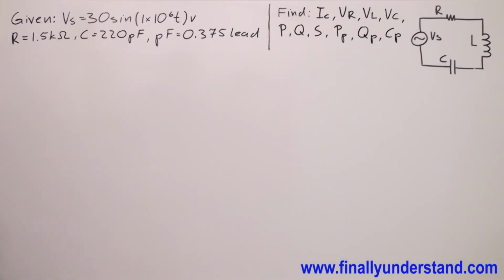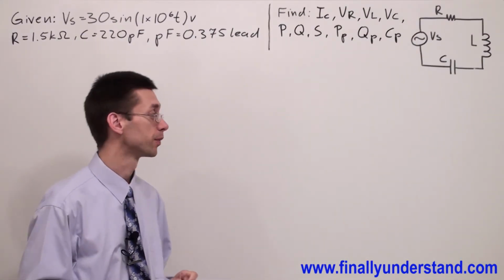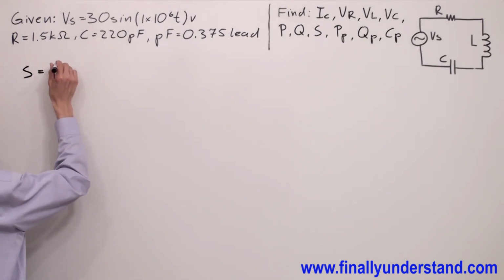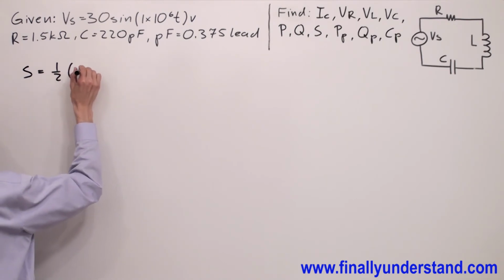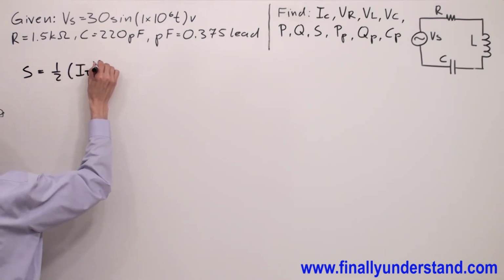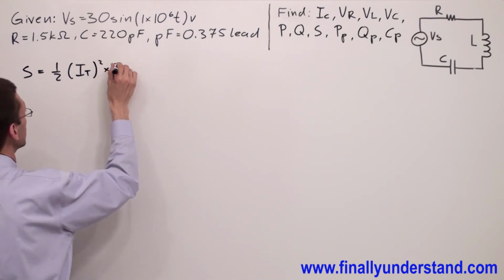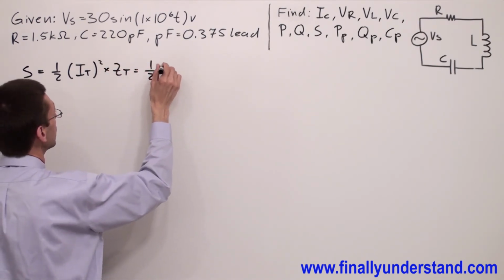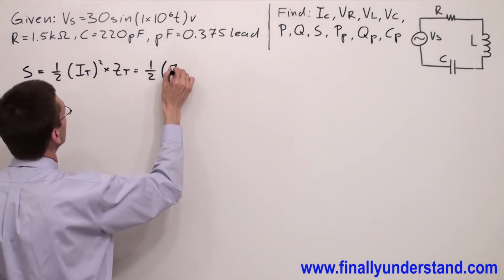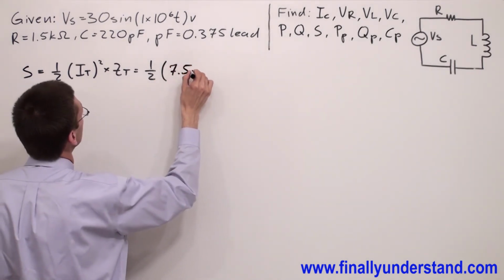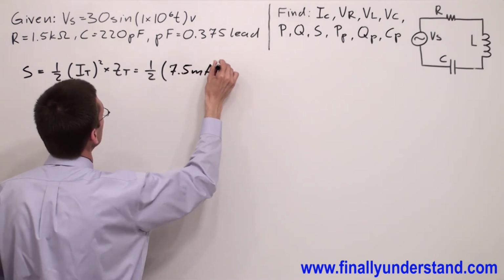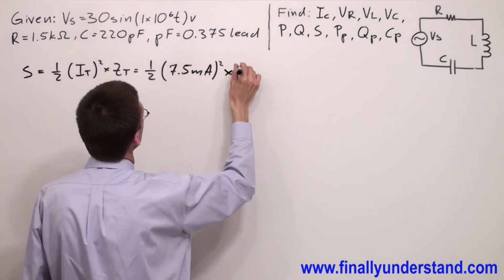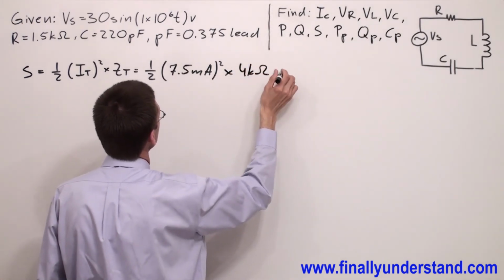Now we can find the apparent power. So I have S equals 1/2 I total raised to the second power times Z total, which is equal to 1/2 times 7.5 milliamps raised to the second power times Z total, 4 kiloohms.